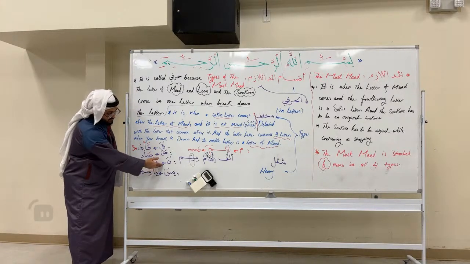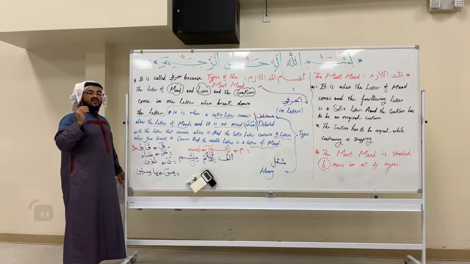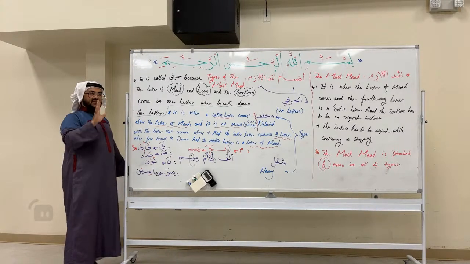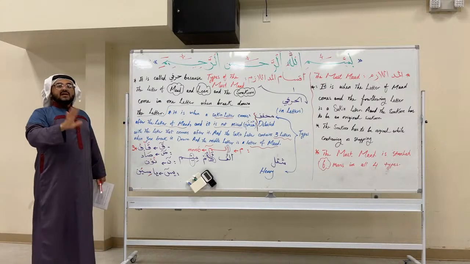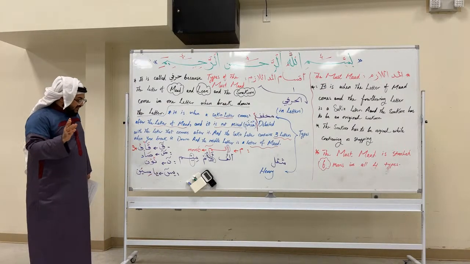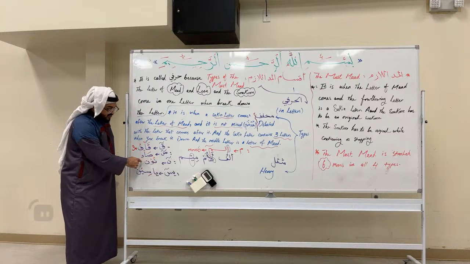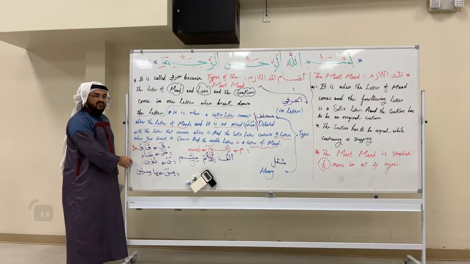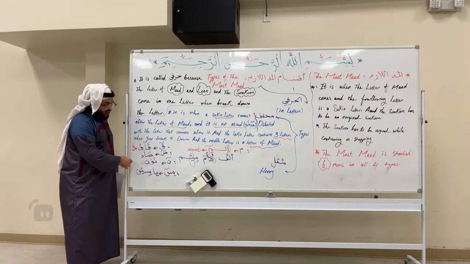Noon. Noon, sakin. If you look at it by itself at the beginning of the surah, it's a sakin letter. It doesn't have any haraka. Noon, wal qalami wa ma yasturun.